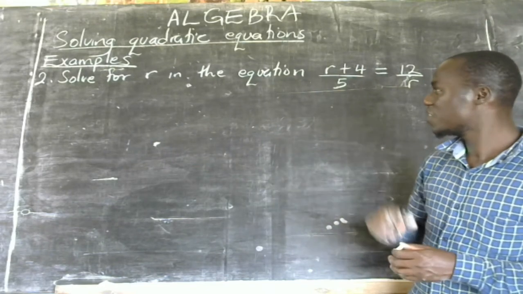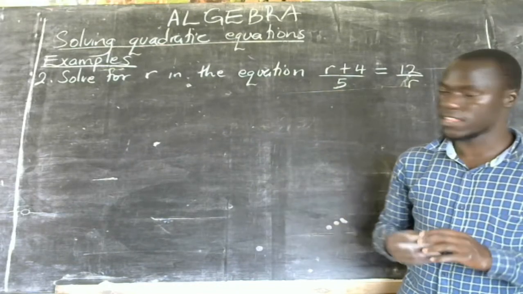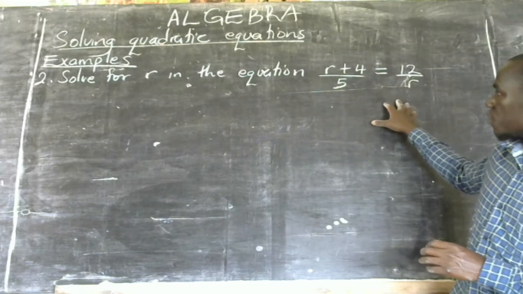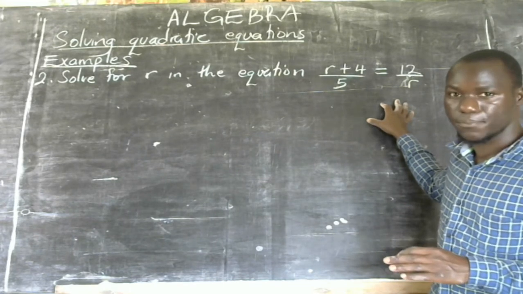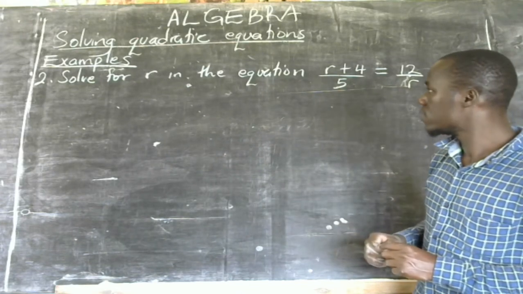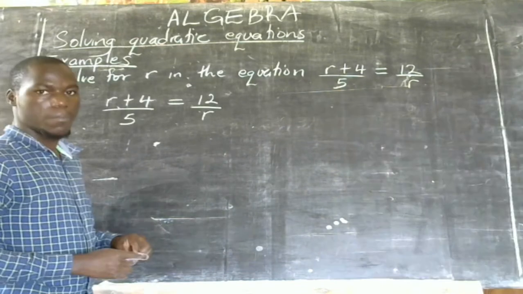For me, I don't like that, which is why now I've used another variable there. So this equation, when you look at it, you may think it is not a quadratic equation, but when you cross multiply, you will see that it is a quadratic equation.